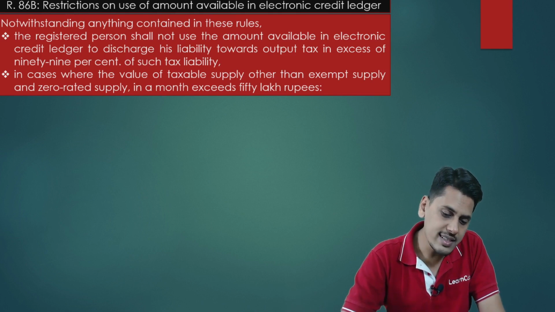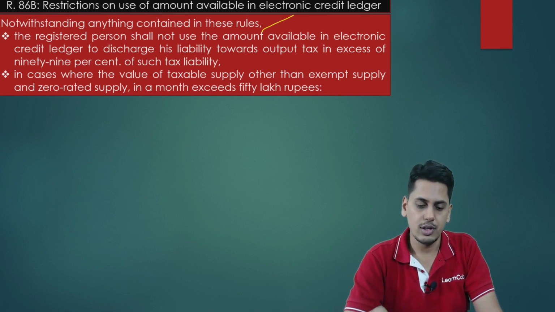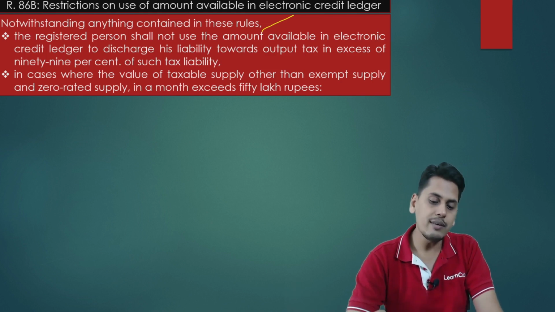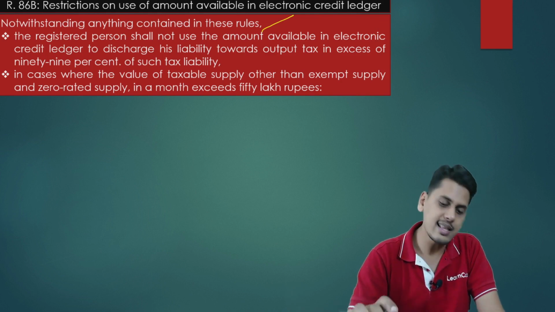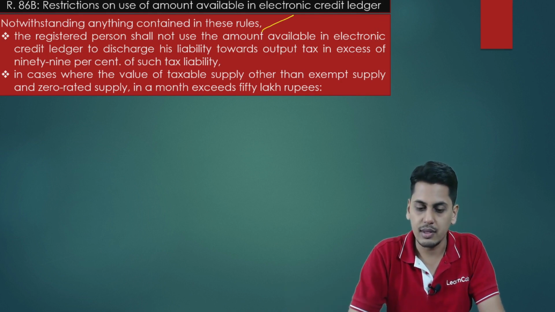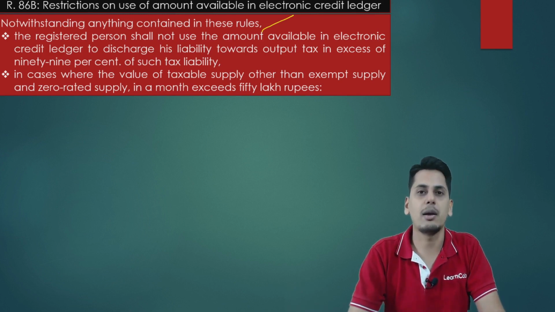86B: notwithstanding anything contained in these rules, the registered person shall not use the amount available in the electronic credit ledger to discharge his liability towards output tax in excess of 99% of such tax liability.